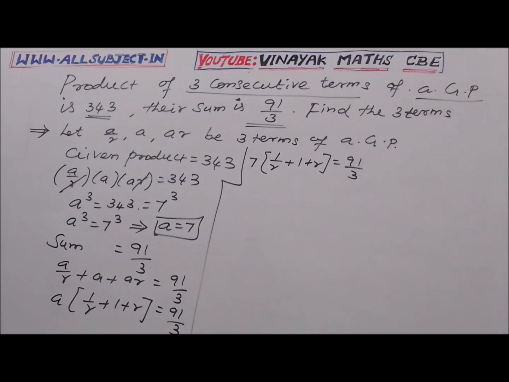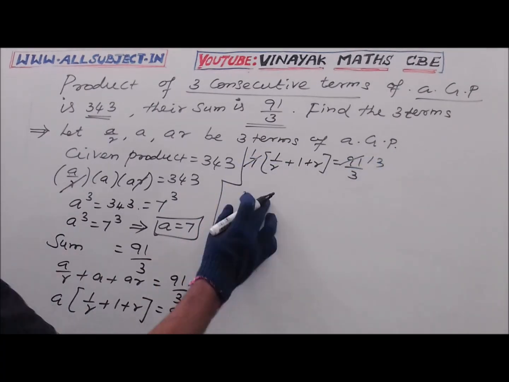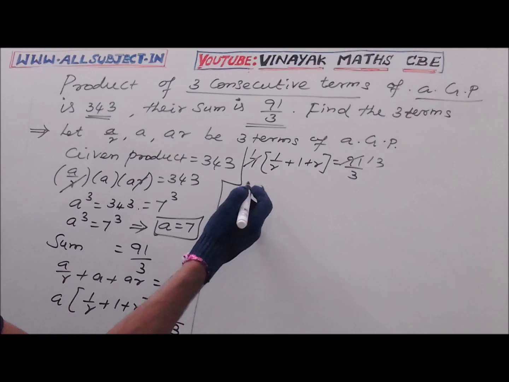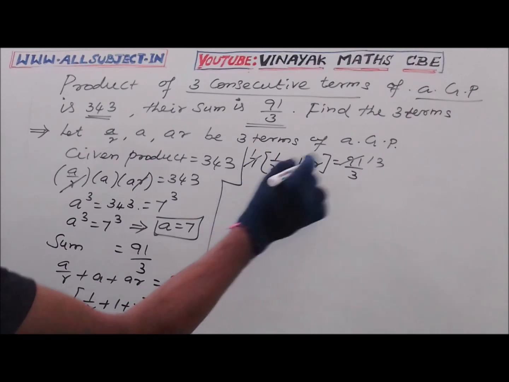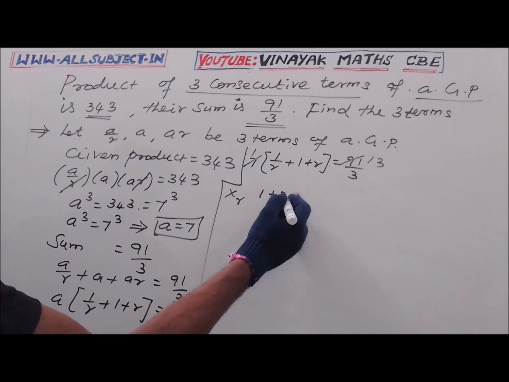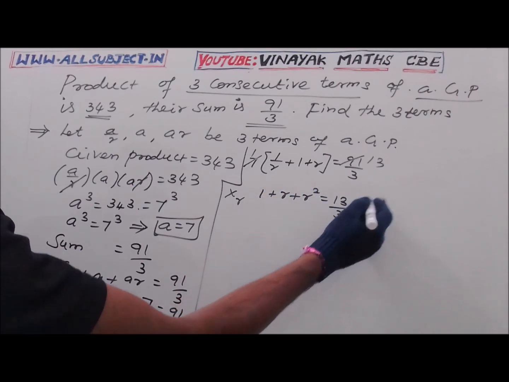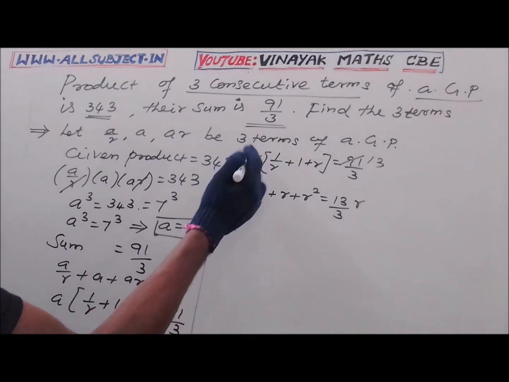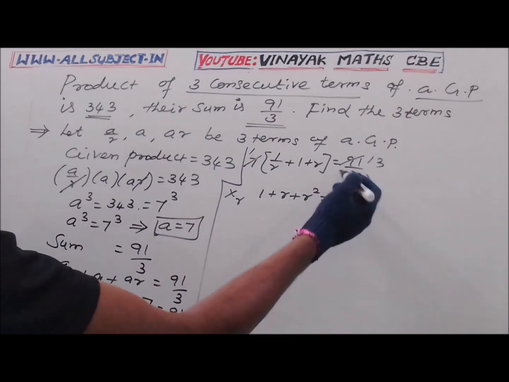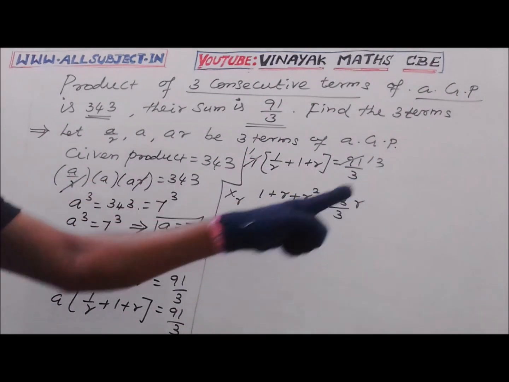Now we can cancel 7 and 91: 7 1 time, 91 13 times, so 13 by 3. So 1 by R plus 1 plus R equal to 13 by 3.